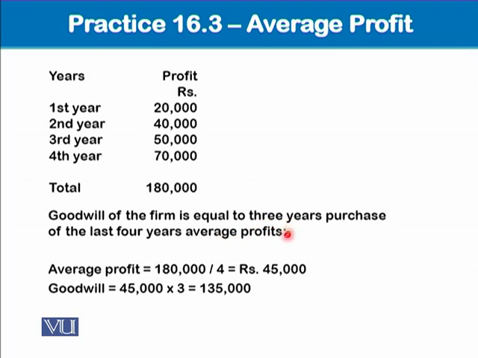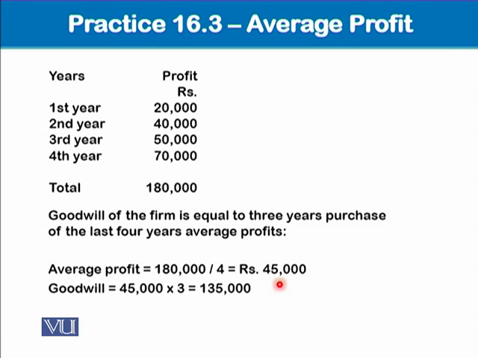Okay, we are buying this average profit this many times to work out goodwill. So conventionally we call it this many years of purchase. Okay. So in this question, it is 3 years purchase of the last 4 years average profit. The average profit is worked out simply: the total profit of the 4 years divided by 4.